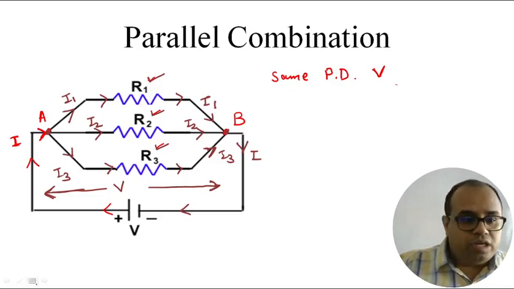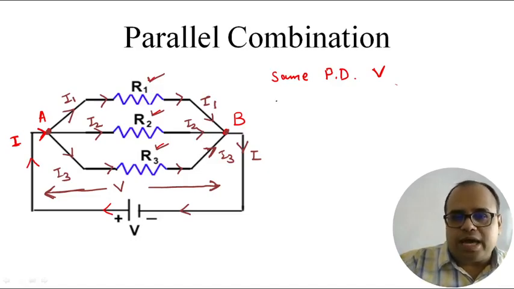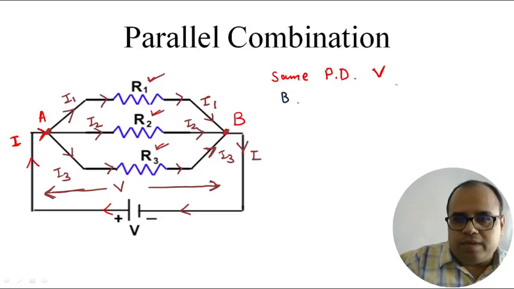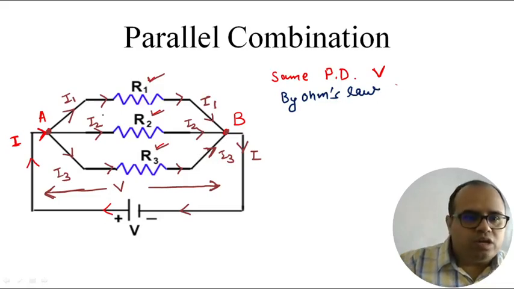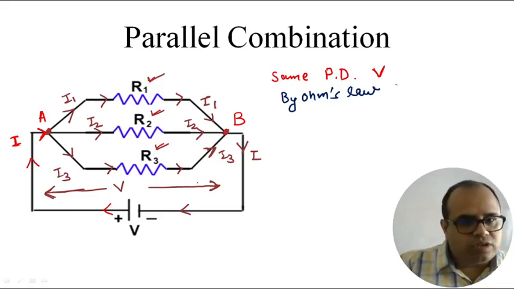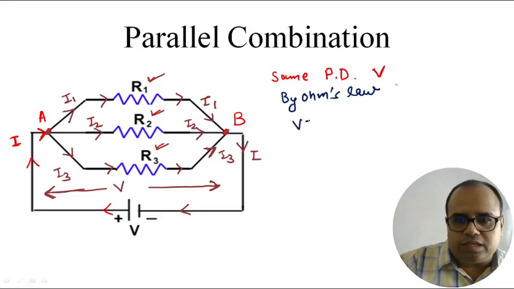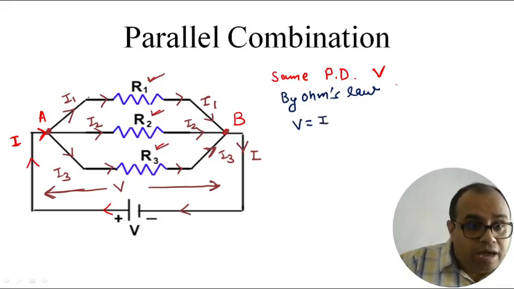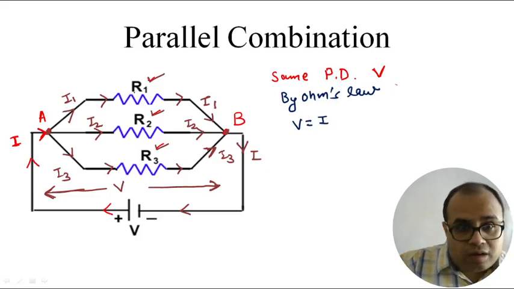Now we can apply Ohm's law here. By Ohm's law, V is the potential difference which is applied, so we can write V is equal to IR. I1 current is flowing through resistor R1, so V equals I1 times R1.